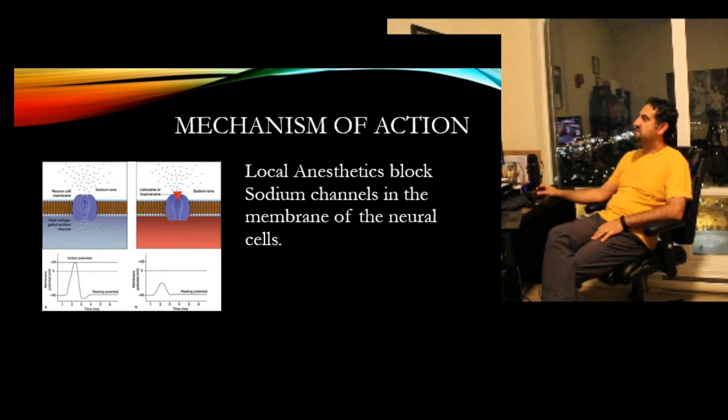In exchange for 3 sodium outside the cell, they transport 2 potassium molecules inside the cell. Sodium channel blockers block the channel, and that's why they affect the action potentials. And when they change the action potentials, the pain is blocked.